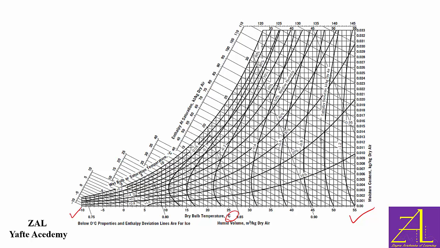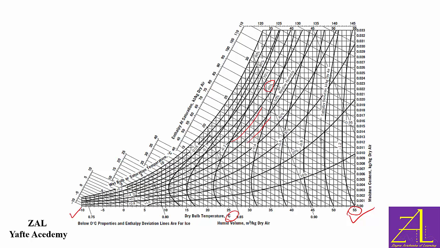So for ambient air, 55 degrees Celsius is kind of an upper limit and there was no need for higher temperatures. There are a number of curves here. These sets of curves that you see, and there is a percent written on them, these are relative humidity curves. There are some sets of lines as well that we need to know.